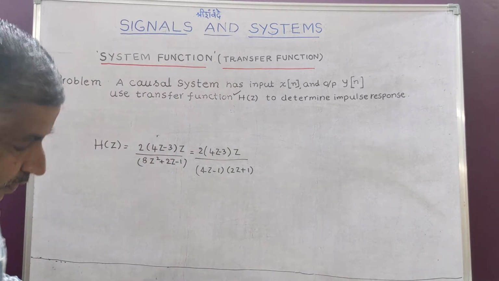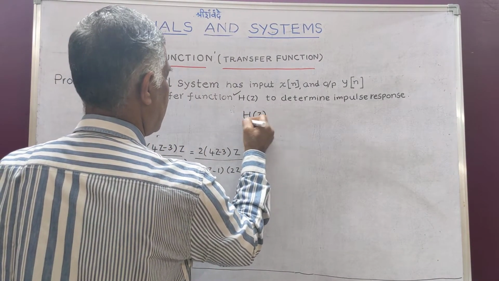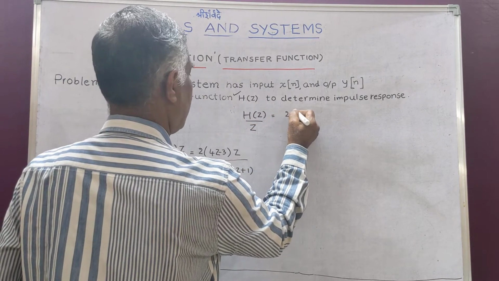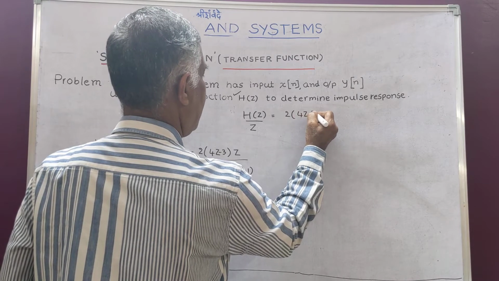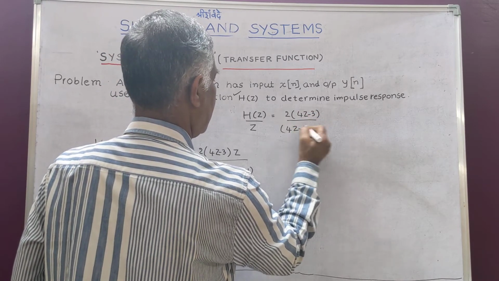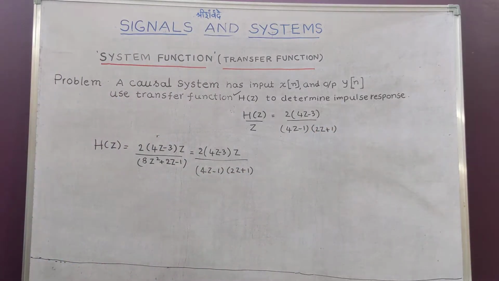H(z)/z = 2(4z − 3) / ((4z − 1)(2z + 1)) + 1.